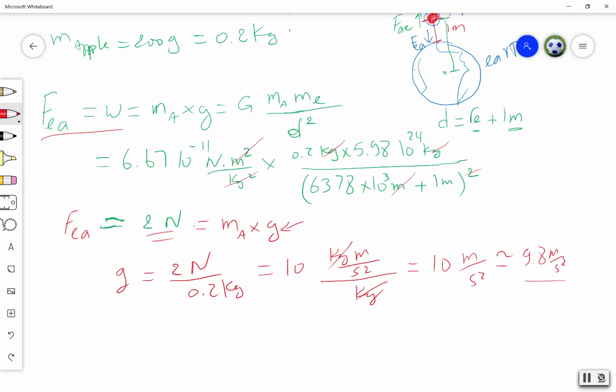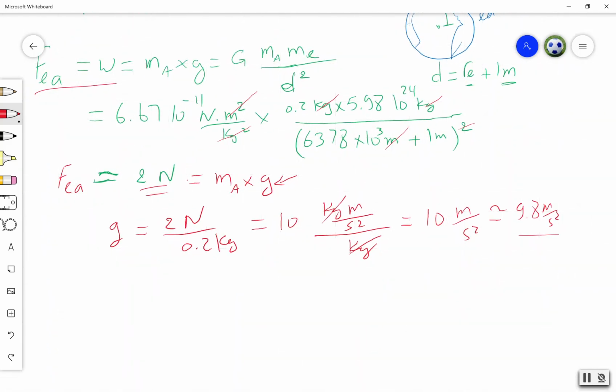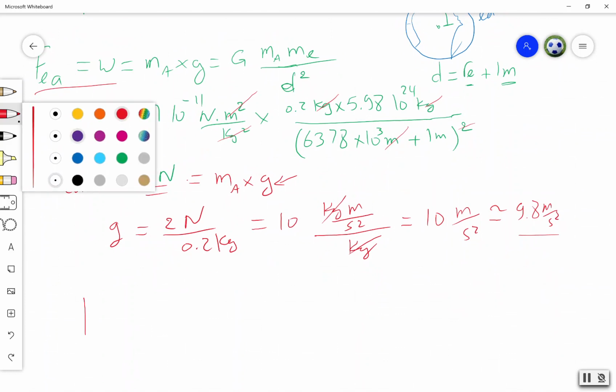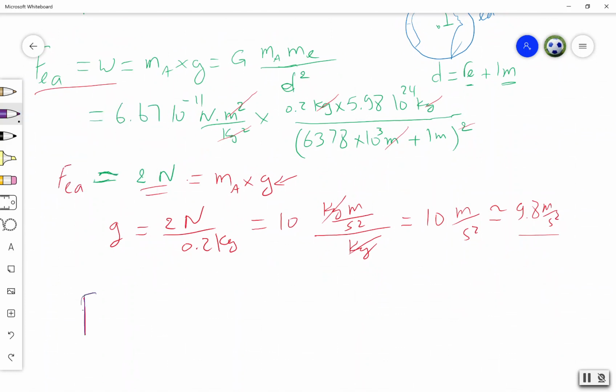So how can we calculate the acceleration of the Earth towards the apple? Let's see. So this is the force. The force of Earth on apple is actually the same magnitude as the force of the apple on Earth, and equals 2 Newtons.